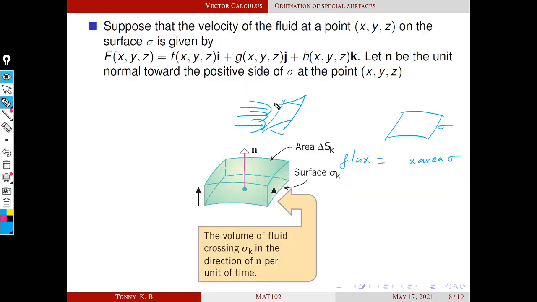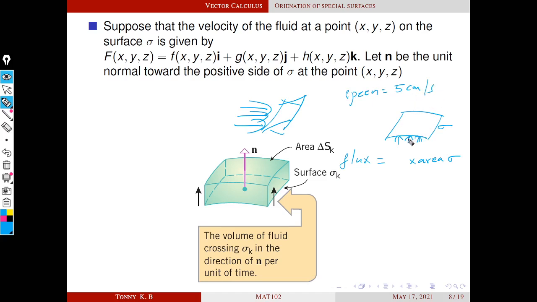To understand the concept of flux, suppose we consider a very basic case. Suppose we have a surface sigma, and there is a fluid flow perpendicular to sigma at a constant speed, say 5 centimeters per second.